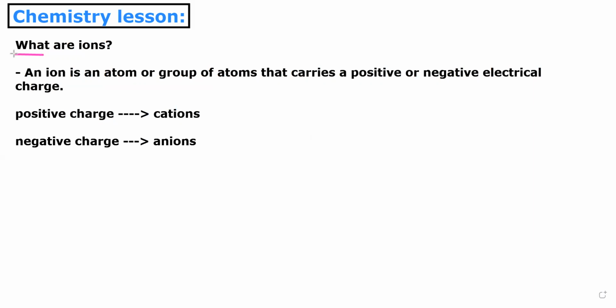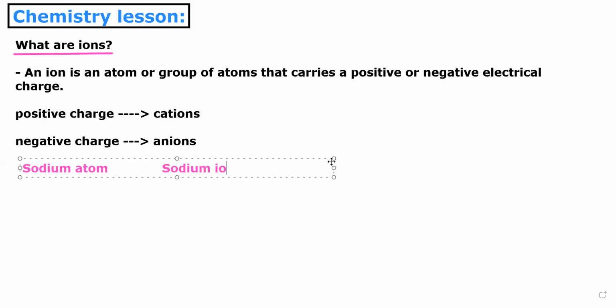Let's take the very simple example of sodium atom. I will draw sodium atom and sodium ion so you guys are clear. What is the difference between sodium atom or sodium ion? We already know that atomic number of sodium is 11.